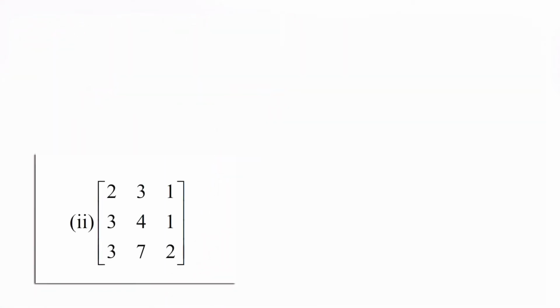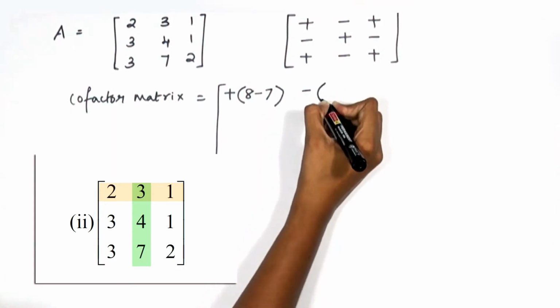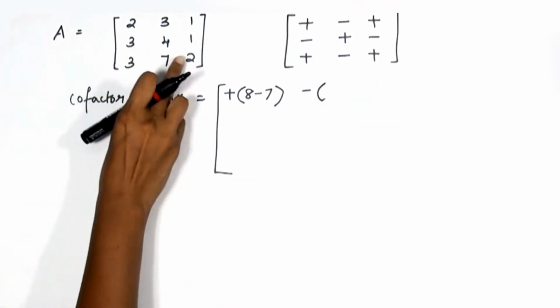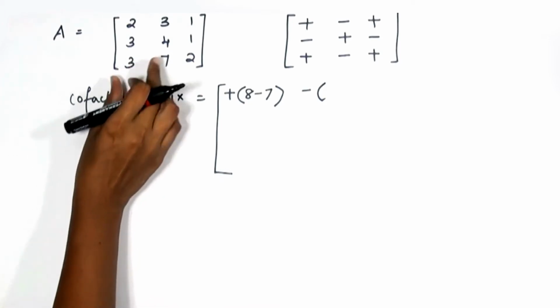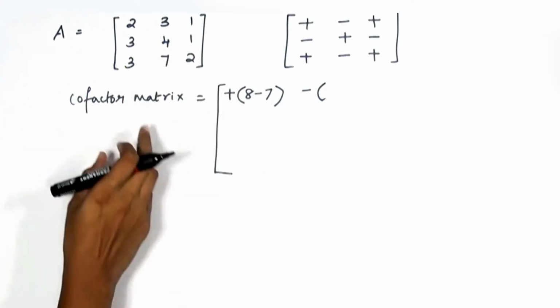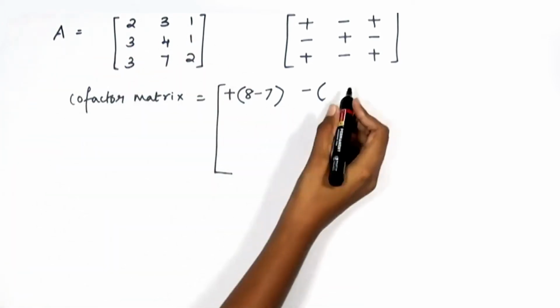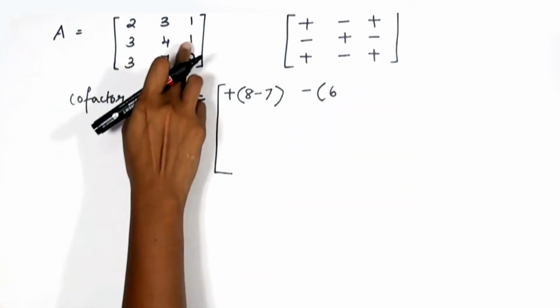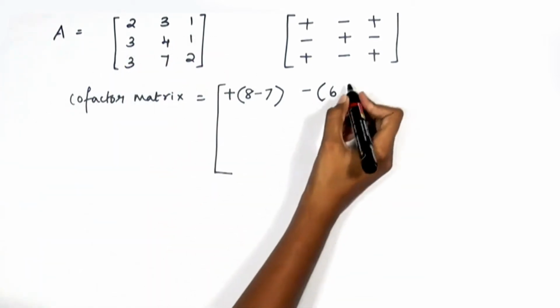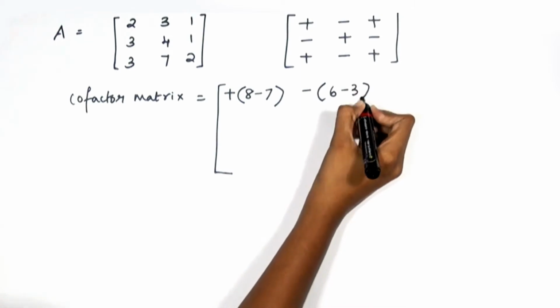To find the cofactor of 3, you will be eliminating this row and this column and evaluate the remaining square matrix, which is nothing but 3, 1, 3, 2. So minus, in bracket, we'll be multiplying this diagonal minus the multiplication of this diagonal. 3 into 2 is 6, 3 into 1 is 3, minus 3.